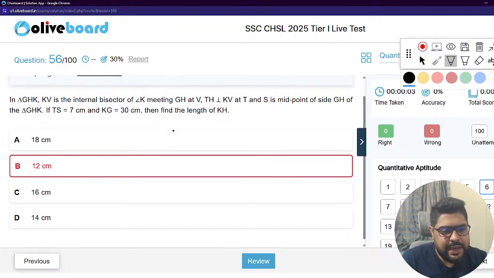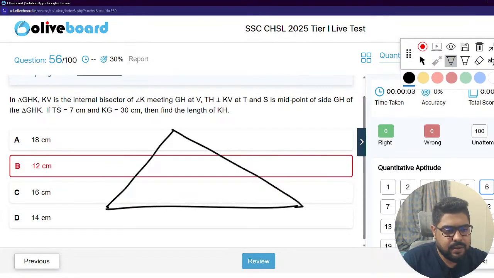Okay, GHK, sir. The bisector of K meets GH. KV is the internal angle bisector, okay?